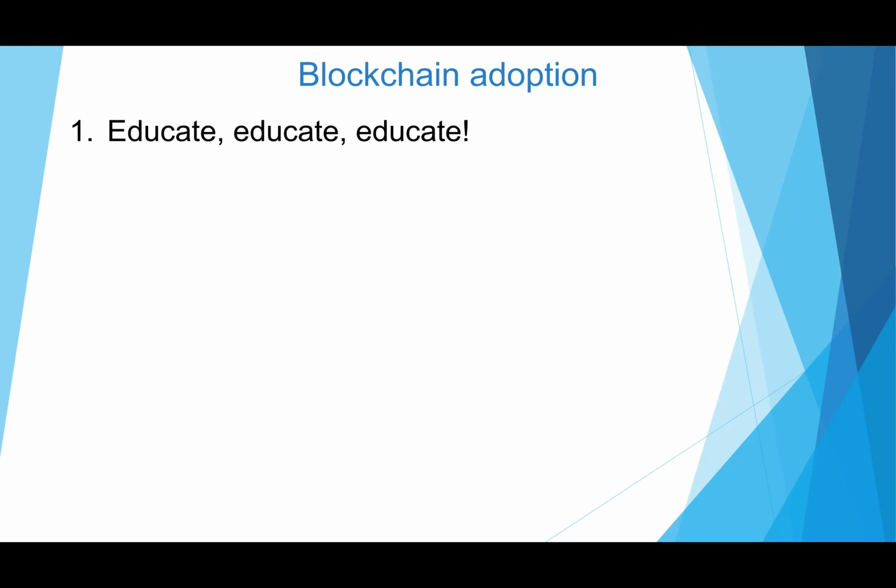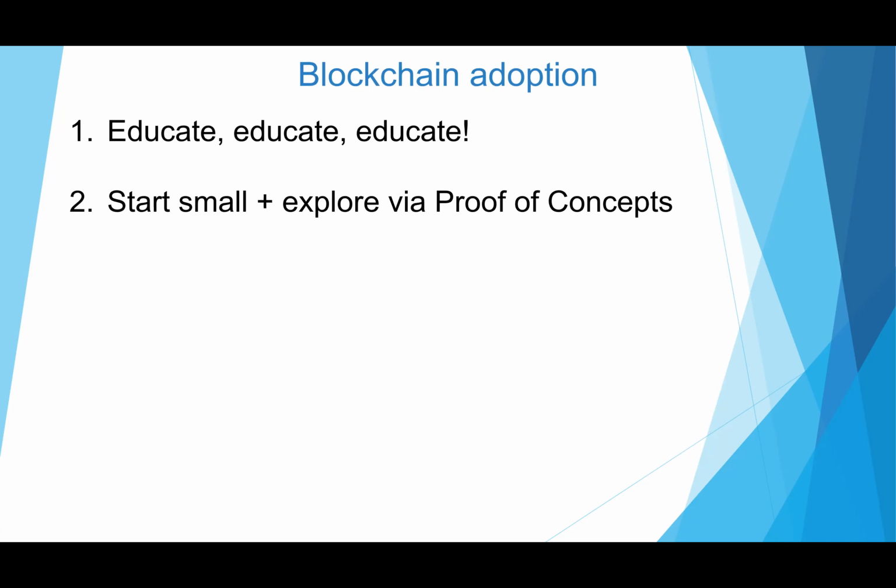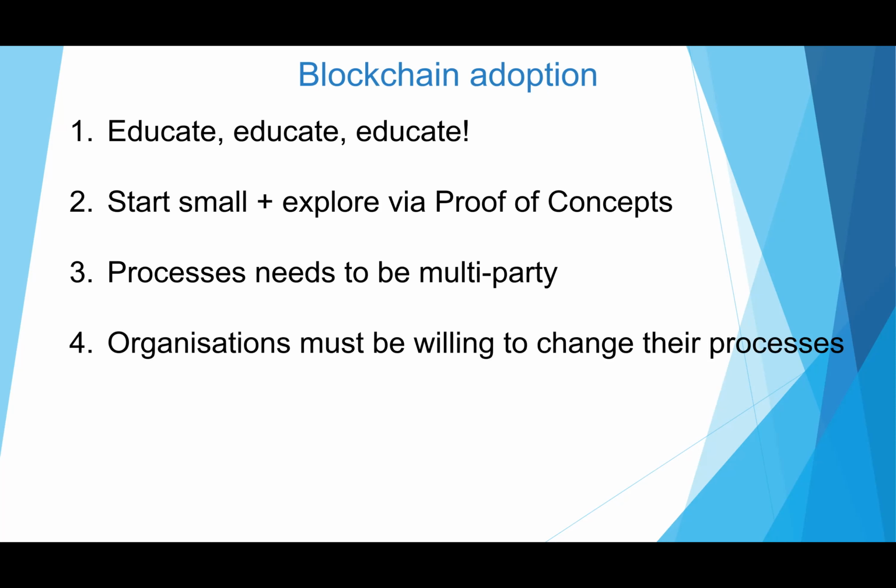Lessons to close on really, is that the really important thing around blockchain adoption is the need for education. And also to recognize that it is an emerging technology, so please do start small, explore proof of concepts. The processes do need to be multi-party. I do steal the words of one of my colleagues from Royal Bank of Scotland, Rich Crook, who once said, you can only have so much fun with blockchain on your own, so you do need multi-party projects.